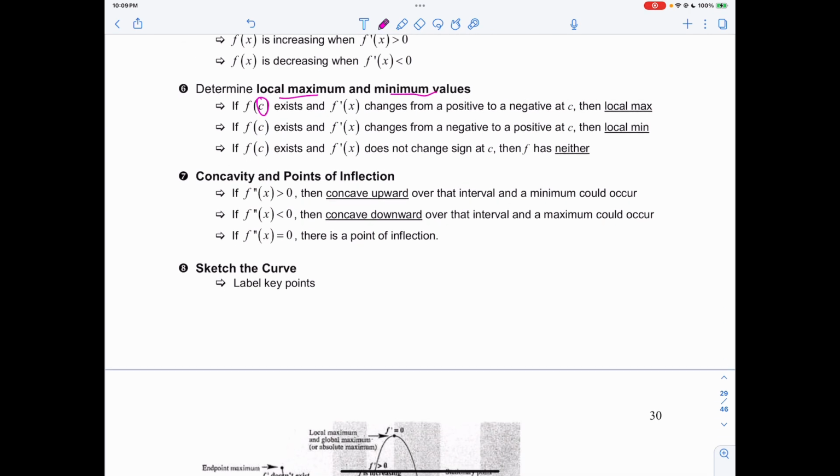We need to check for concavity and points of inflection using the second derivative, whether it's concave upwards, concave downward, or there is a point of inflection when the second derivative is equal to 0 at our significant numbers. And then we're going to sketch the curve, labeling all of the necessary key points.